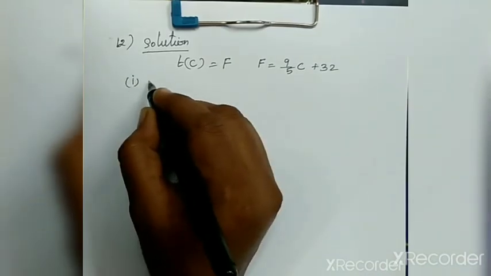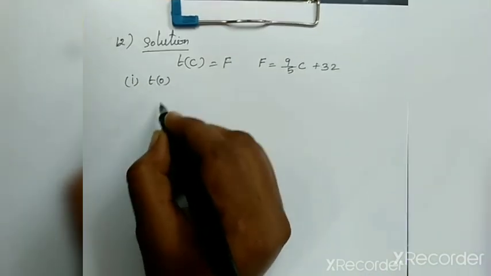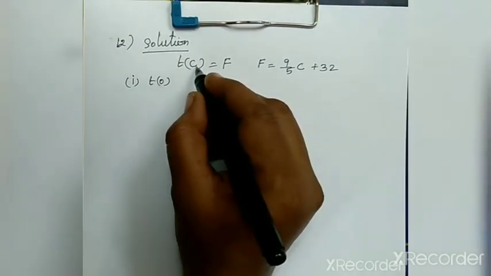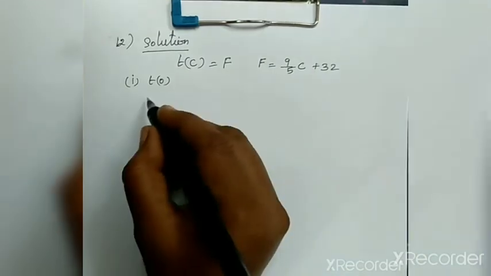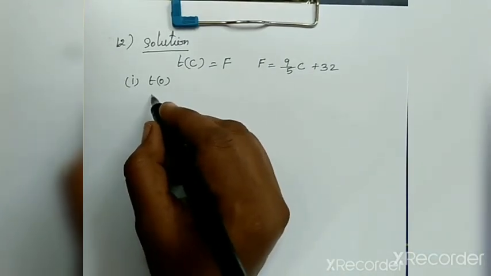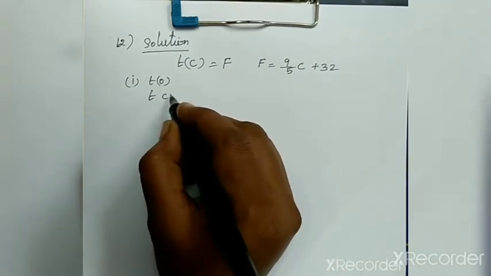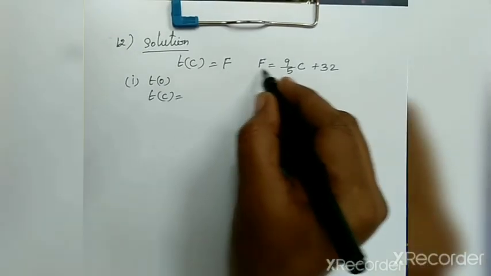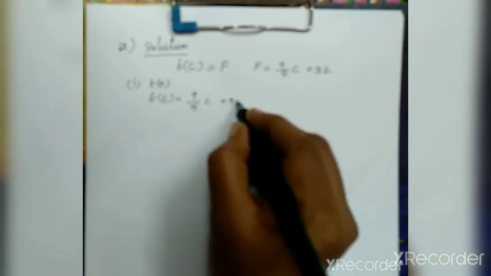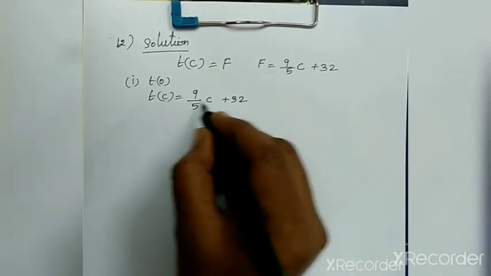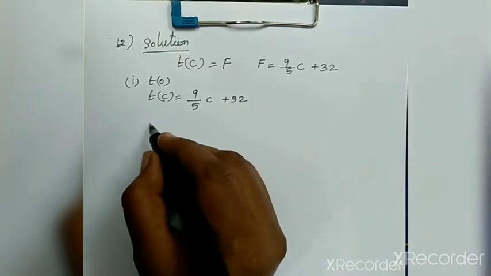The first question is T of 0. T of 0 means we have to find the value of F when Celsius is 0. So we write the function T of C equals Fahrenheit, which is 9 by 5 into C plus 32. Put 0 instead of C here.